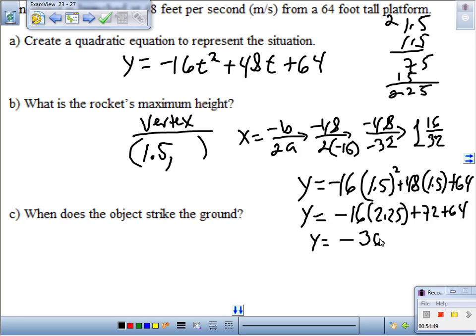Got a calculator? Oh, no calculators, my bad. So, plus, what is 72 plus 64? Very good. 136. So, y is equal to 100, and that goes right here.